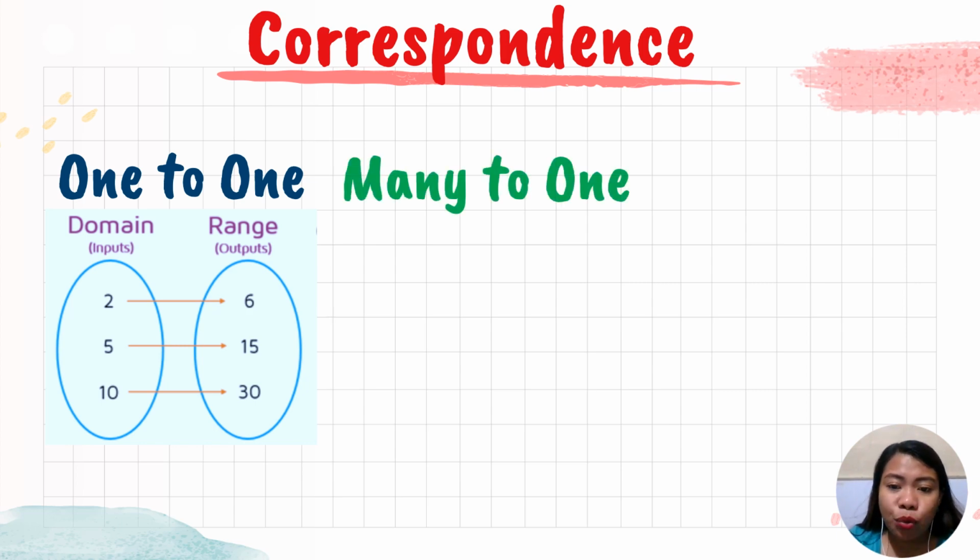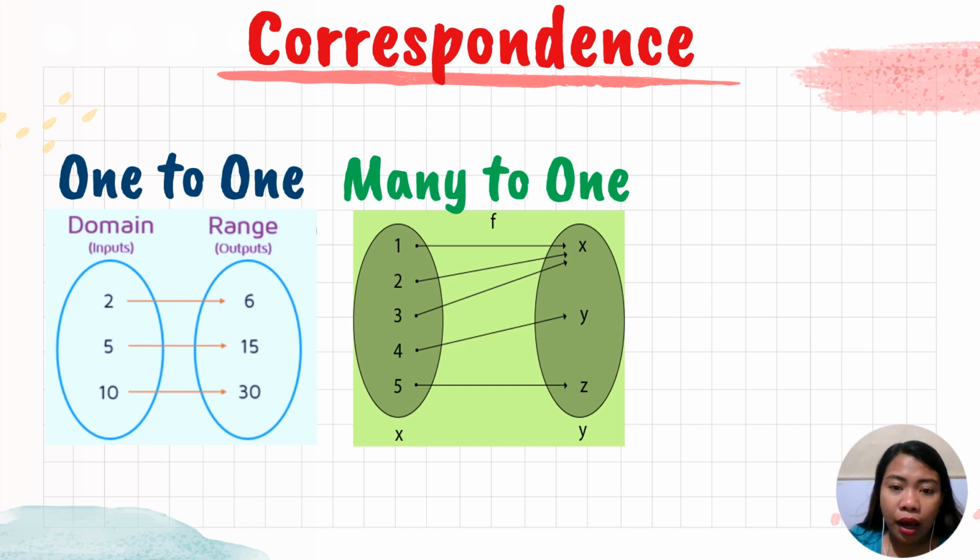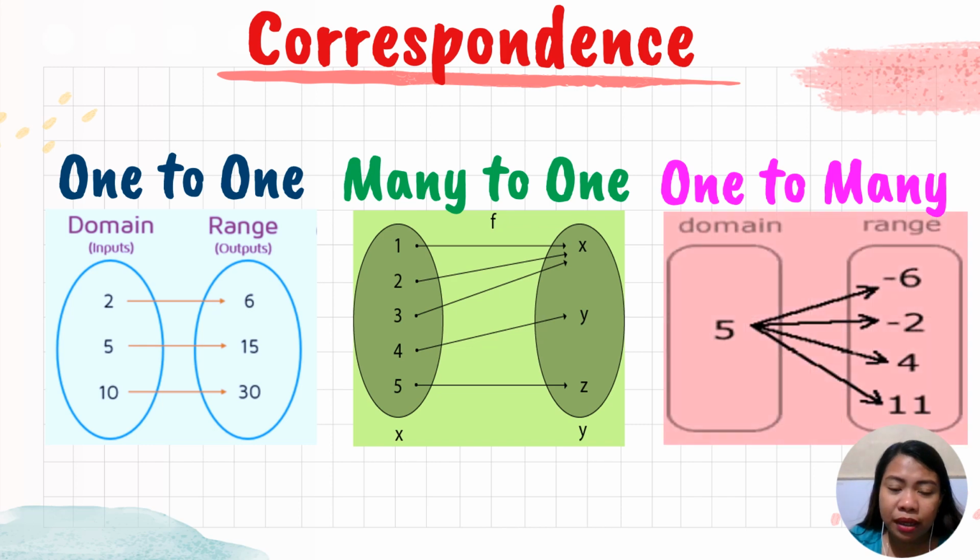We have many-to-one, which is some of the domain have one range, and some are not. How about many-to-many? One-to-many, rather. One-to-many, so that is one domain together with all ranges, okay?